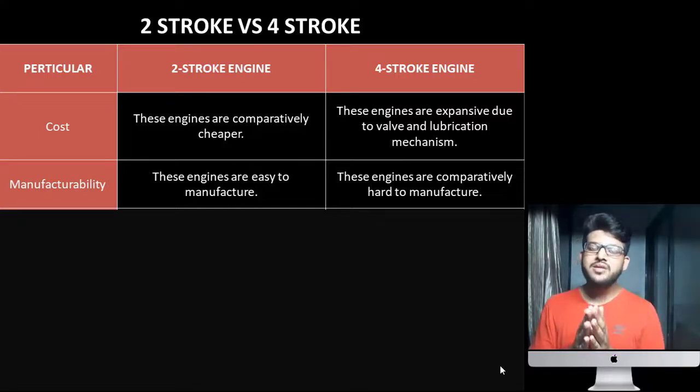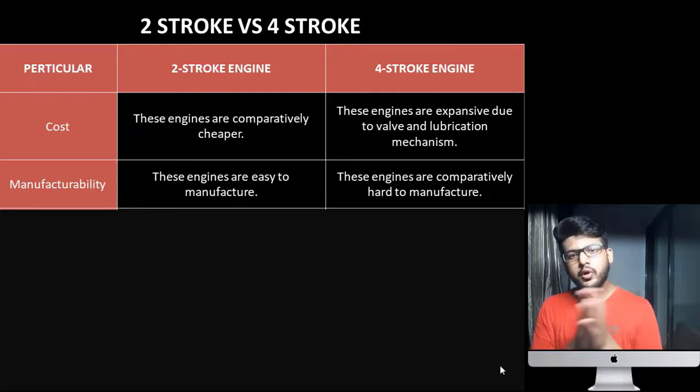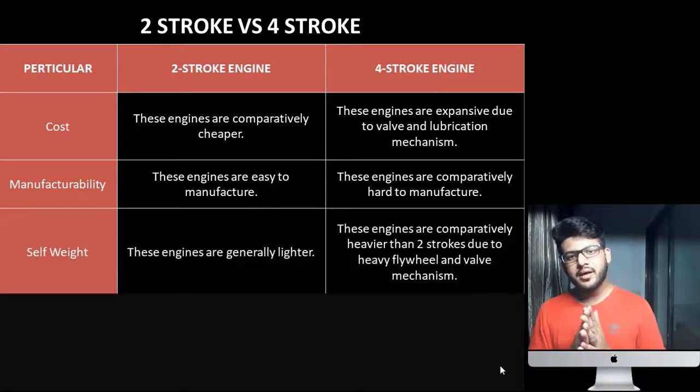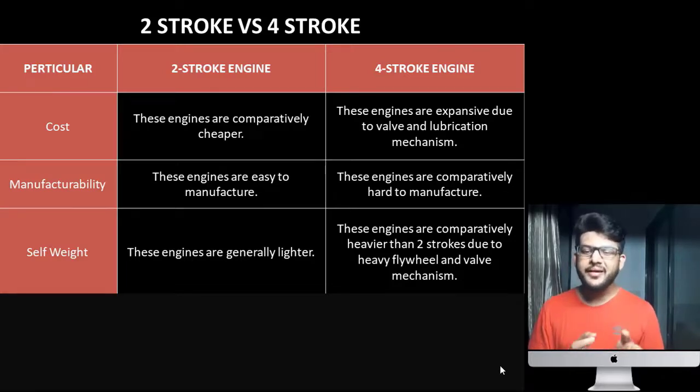But right now the technologies are very advanced, so it is actually very easy now to produce all these four-stroke engines. Fine. Thereafter, self-weight. What is the weight of the engine itself? Two-stroke has fewer parts, so you can understand that it is lighter, and four-stroke has more parts compared to two-stroke, so it is actually heavier.